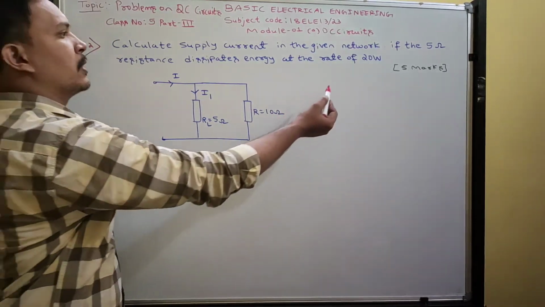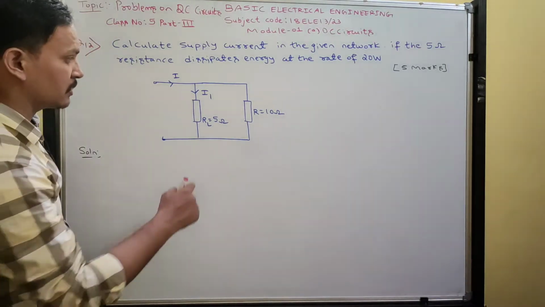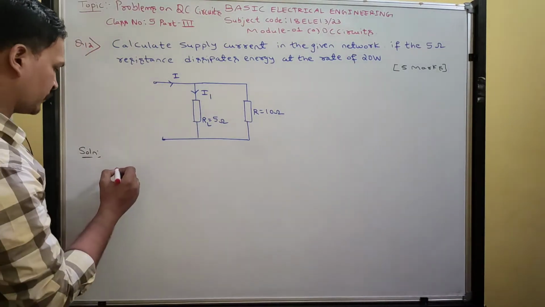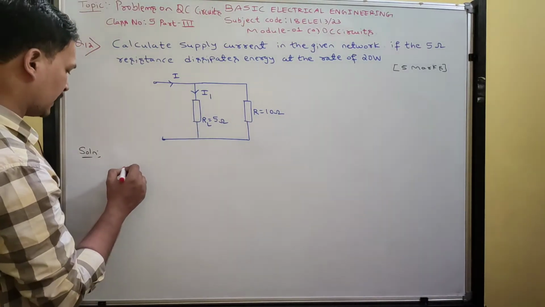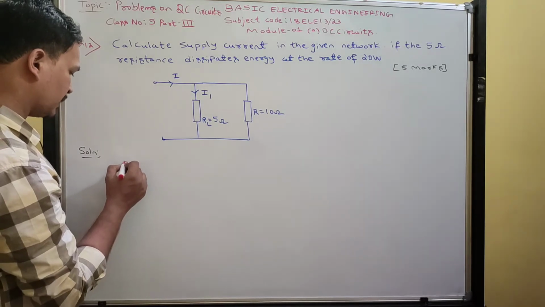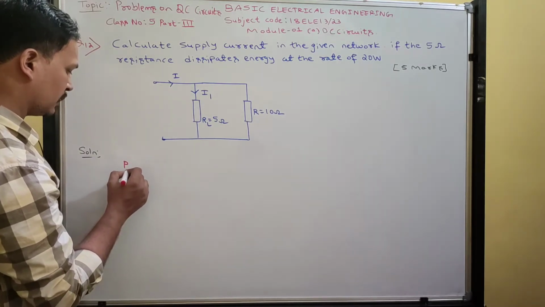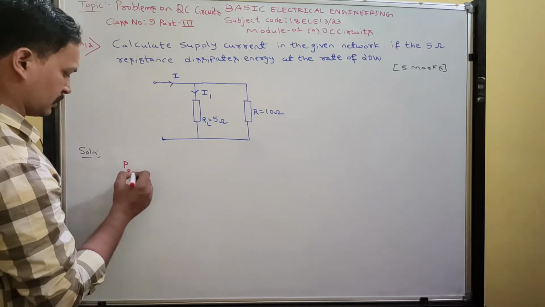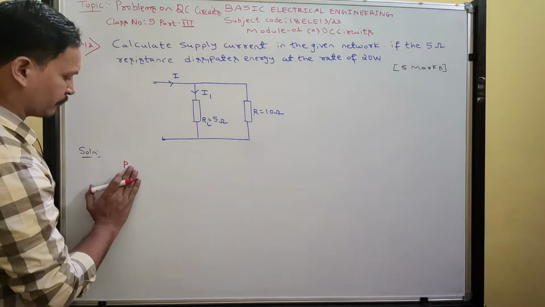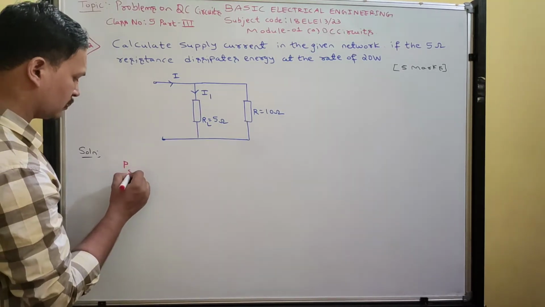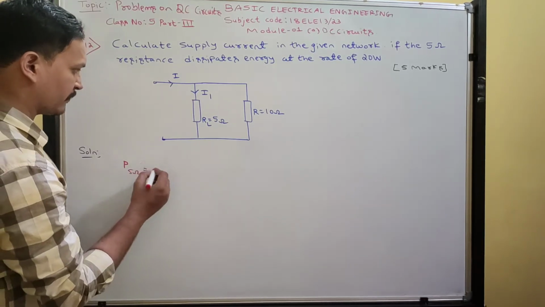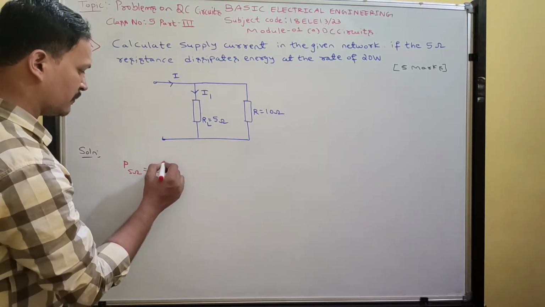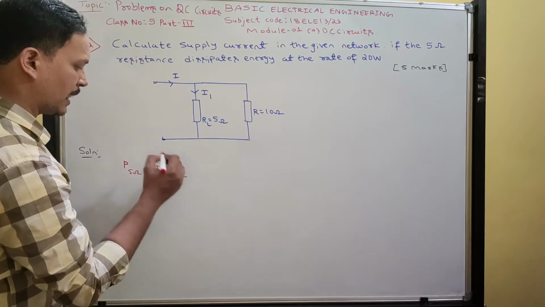So they have given the power value, 20 watts, across the RL resistor. Therefore, power dissipated in the RL resistor, that is the 5 ohm, is given by the formula I1 square into RL.